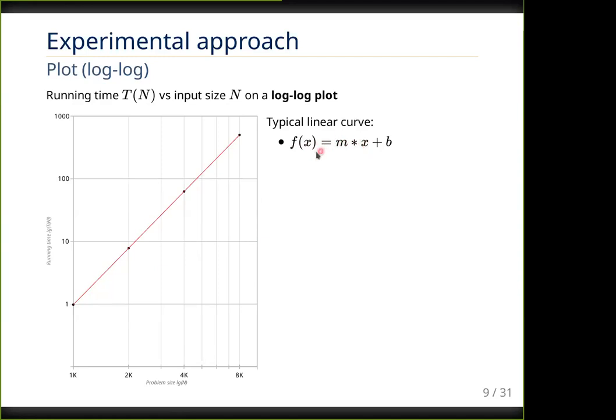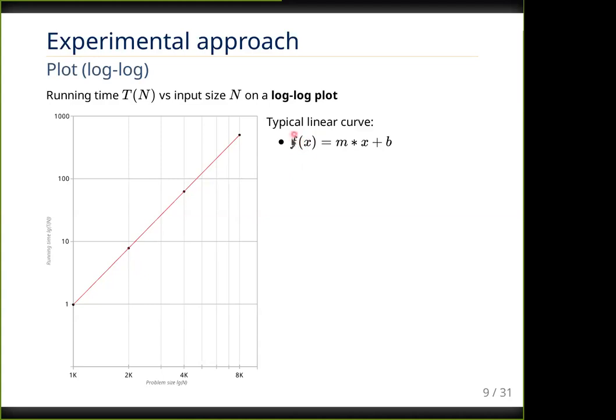M is the slope, the coefficient that determines the slope of my curve. And b is the intercept, the value when the curve crosses the zero line. So what I would want to do here is determine what m and b are. This way I'll have an equation that corresponds to this line, right?